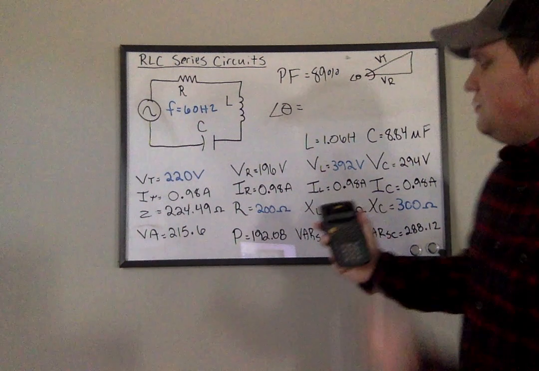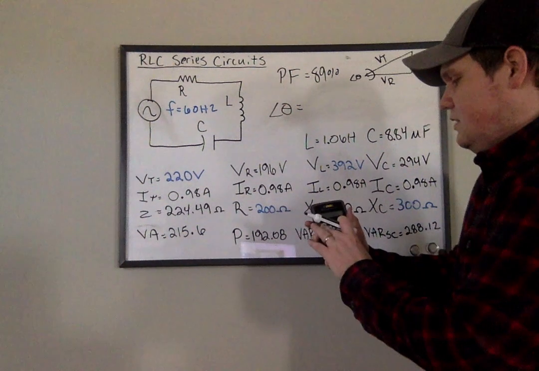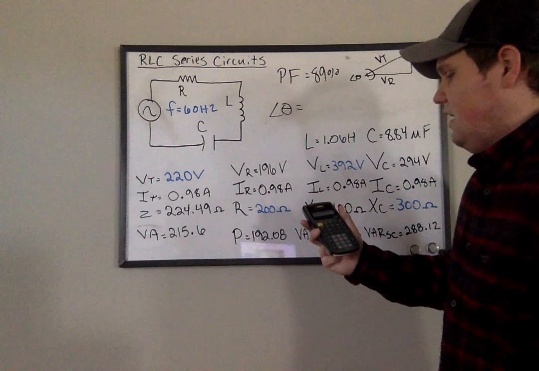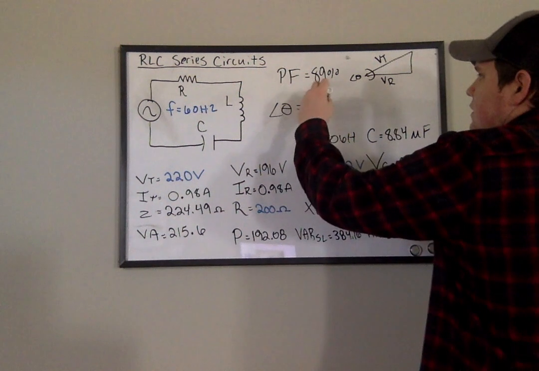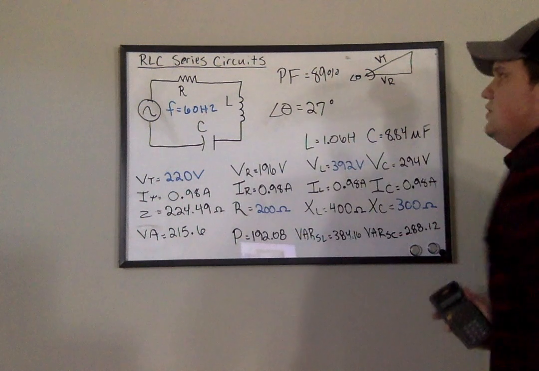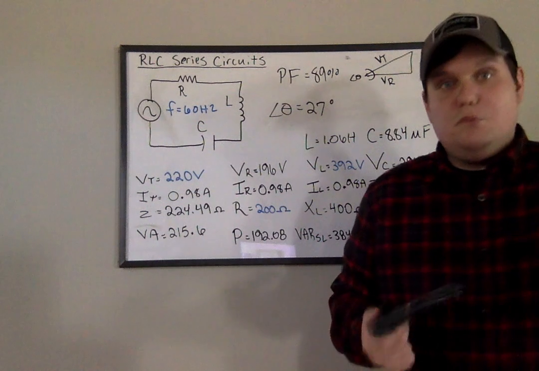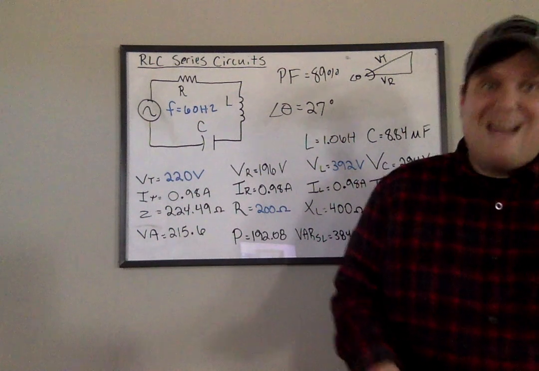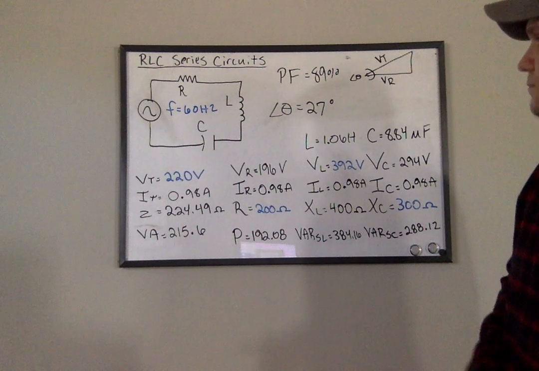And with that decimal in your calculator, just a 0.89, second, cosine, and that's going to give me 27 degrees. Okay? So that's a pretty small angle as compared to 90. So looks pretty good. All right?